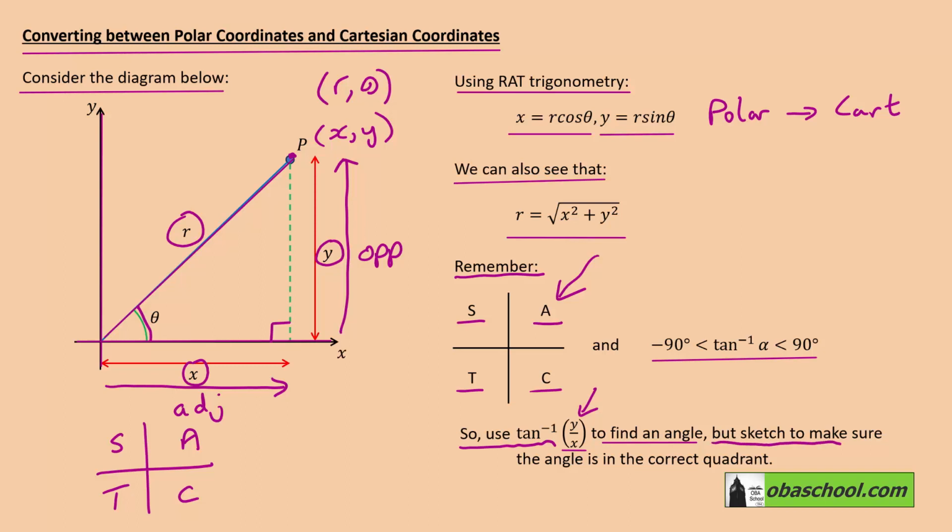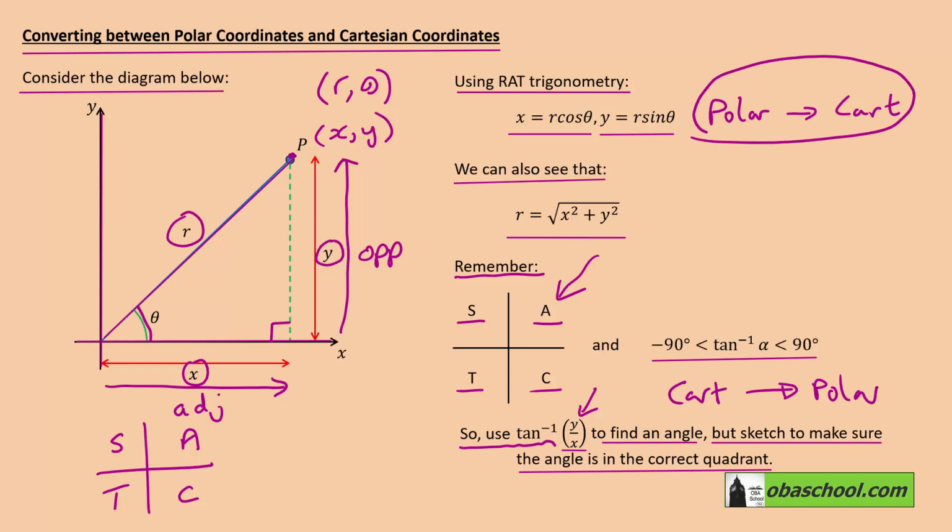But sketch when converting in this direction to make sure that the angle is in the correct quadrant. So remember, that's when going from Cartesian to polar. So you don't need to worry, polar to Cartesian, but it's a good idea to sketch when going Cartesian to polar.